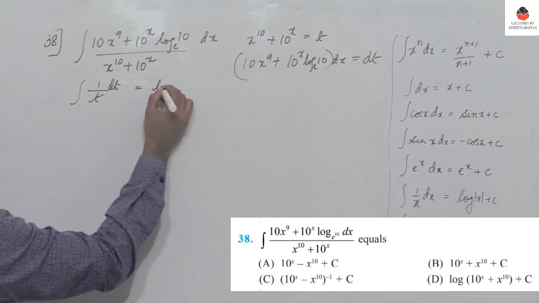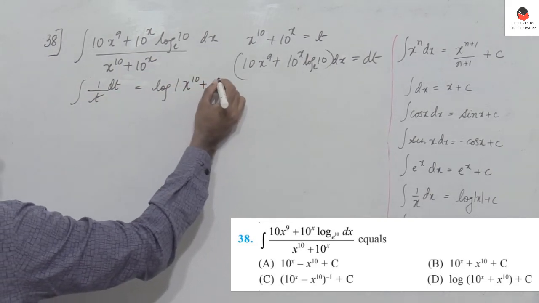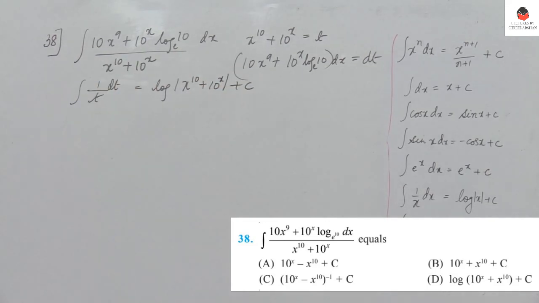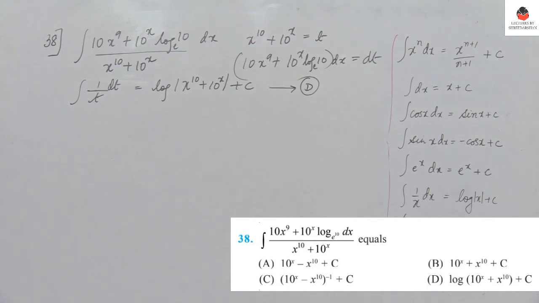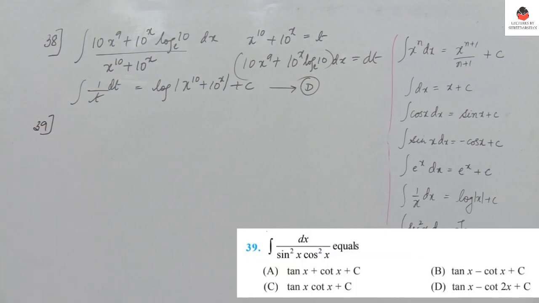So we know that it is log t, and what is t? x power 10 plus 10 power x plus c. So this is the answer. So you observe all the four options. You observe that the right option is D. A very simple problem.